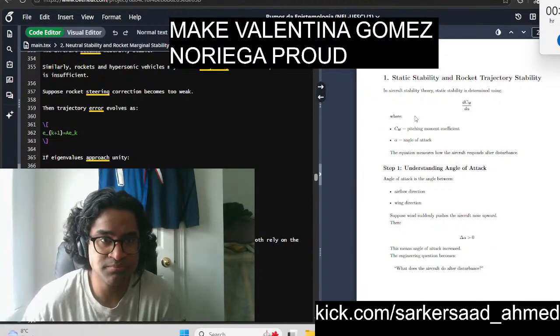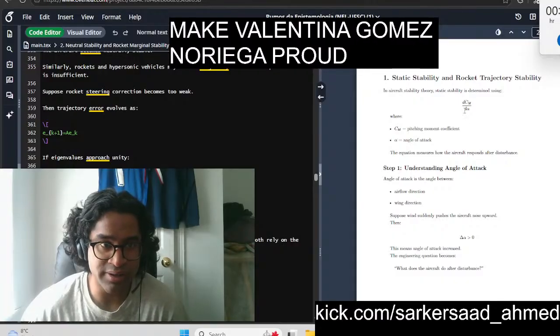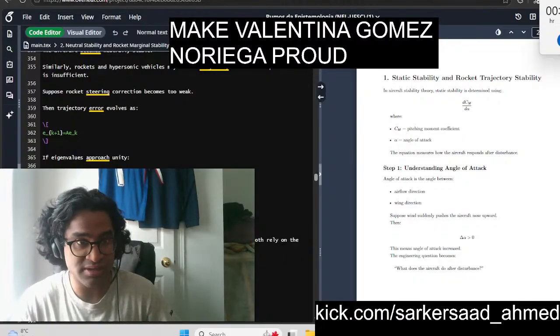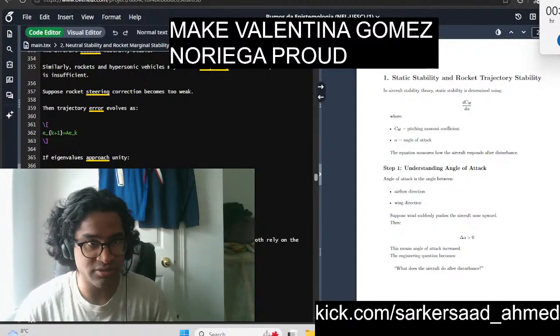Aircraft stability theory. Static stability is determined by dCm by d alpha. So static stability and rocket trajectory stability.